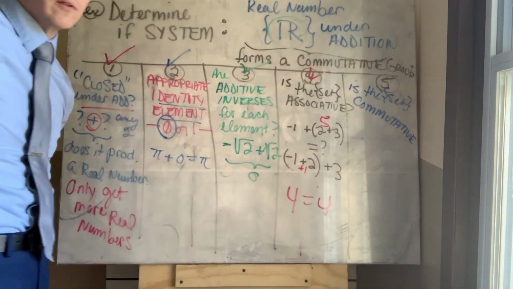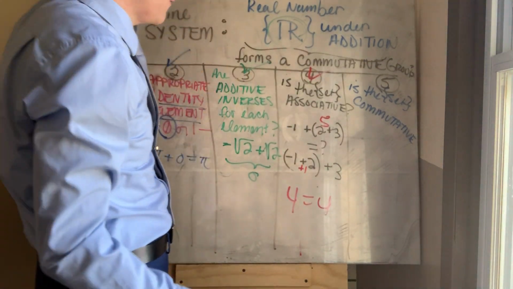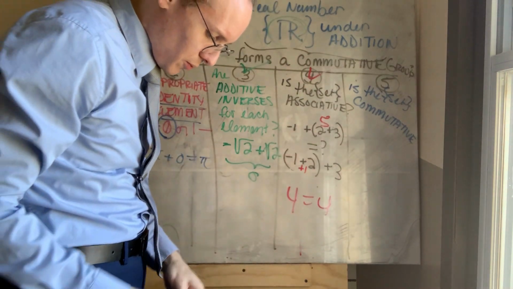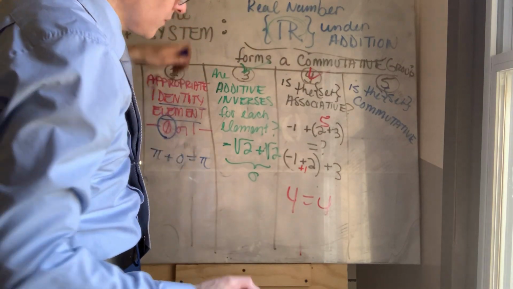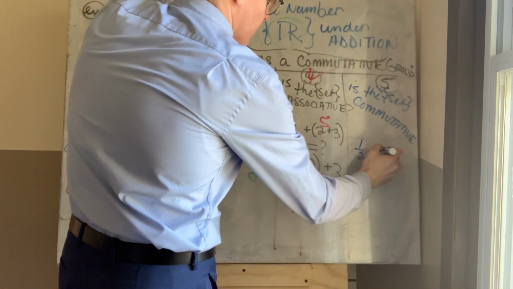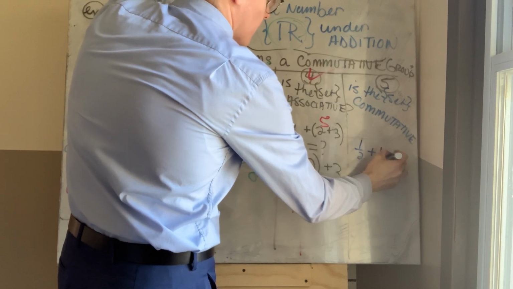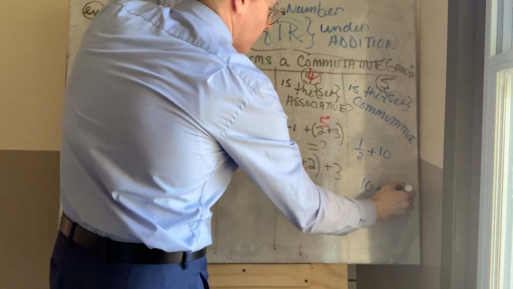Again, you can't test all of them. It would be mathematically impossible, but maybe try a couple. If it's commutative, and it would be appropriate for addition specifically. Let's say that you had a half plus 10. Would you get the same answer if you added 10 plus a half?